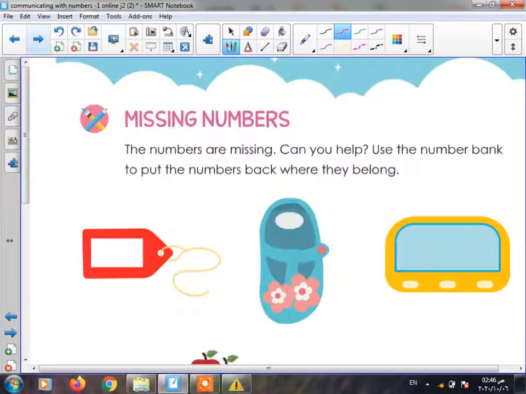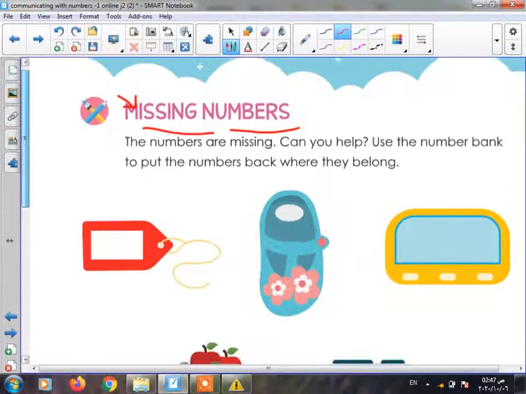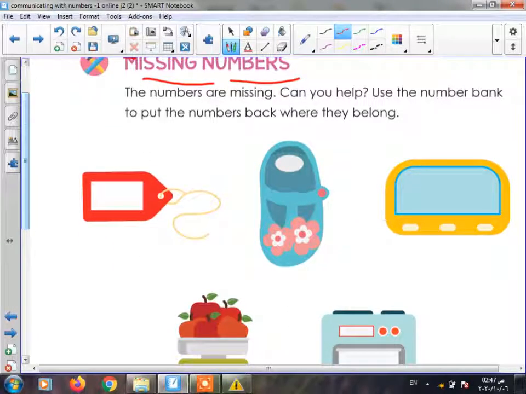Let's start with our new lesson. Our new lesson will be missing numbers. What is the meaning of missing? Missing means lost numbers, or numbers where I want to know what information those numbers give me. Okay? The numbers are missing. And do you see any numbers?